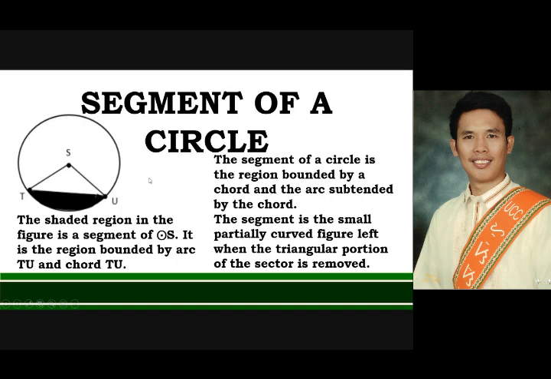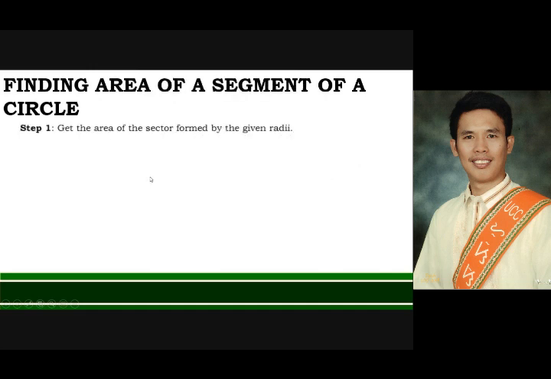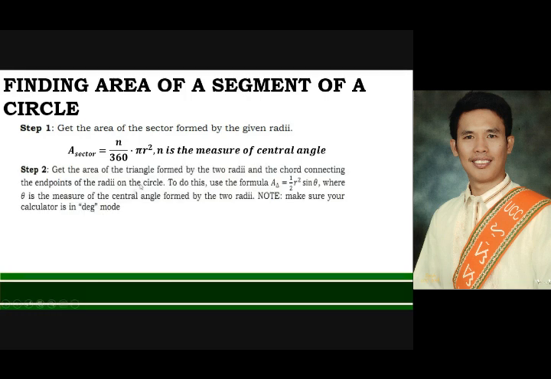So, to make it clearer, let's have an example here. First, we're going to get the sector formed by the radii. We use the formula we used earlier to get the area of the sector. Second, we get the area of the triangle.